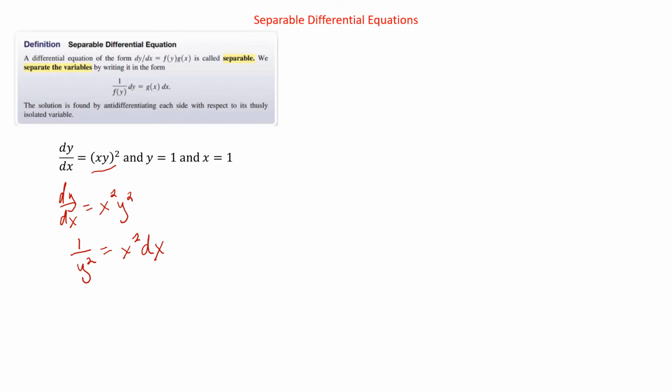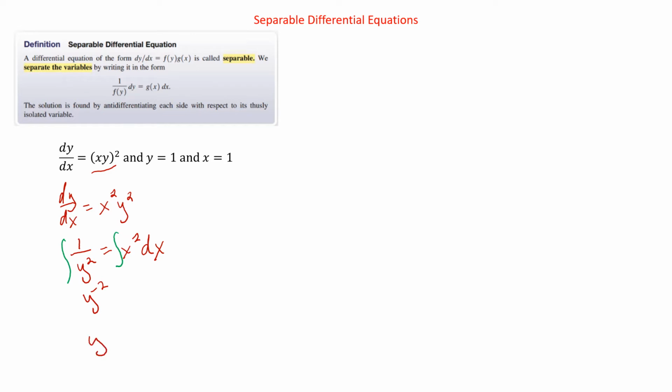Once we have those variables separated, we can find the antiderivatives. So 1 over y squared, a lot of times we have 1 over something, people naturally knee-jerk, natural log. Now, if we had 1 over y, it would be natural log. This, remember, is y to the negative 2, so we can add 1 to the exponent and then divide by the new exponent.